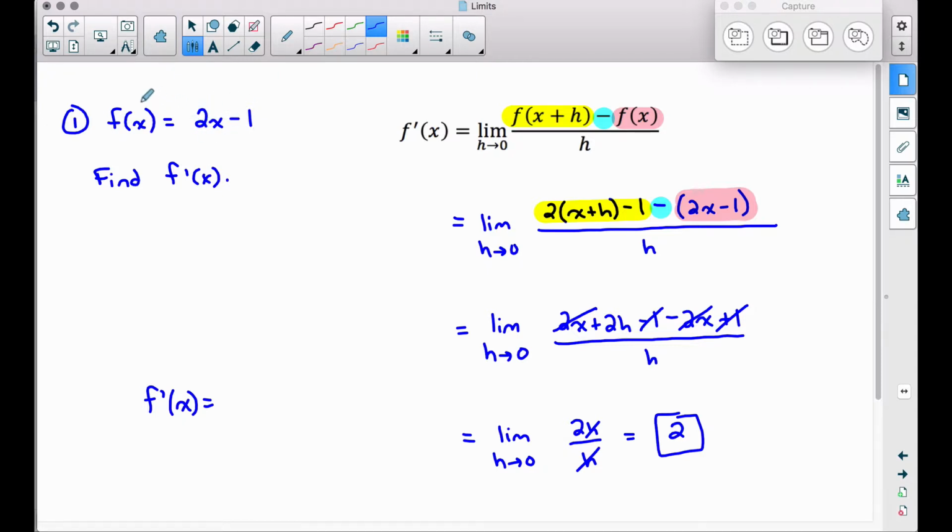Notice this is y equals mx plus b. The derivative of a linear function is always going to be the slope of that linear function. As you can see here, we got a limit of 2, which is our derivative, and a shortcut is that the slope of our line is the derivative function.